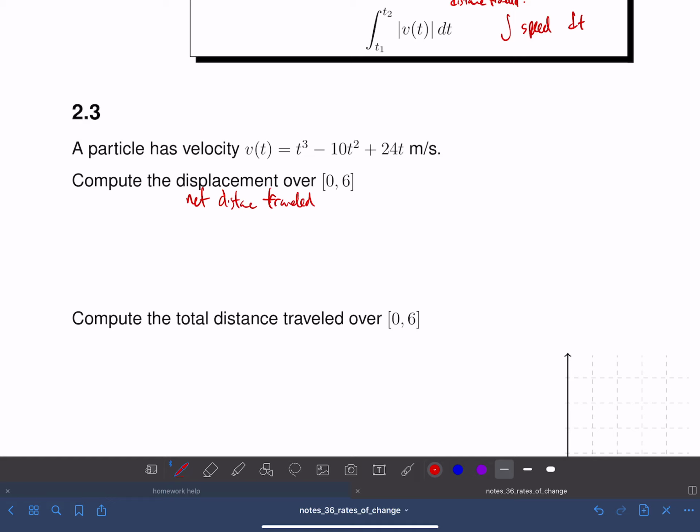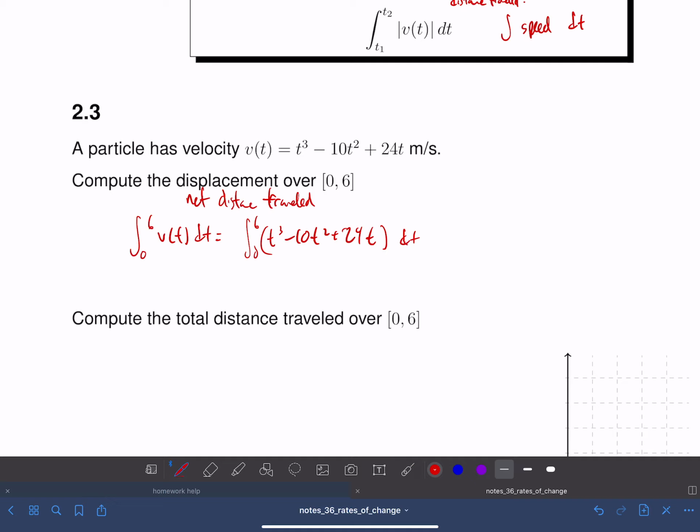This is equal to the integral from 0 to 6 of v of t dt, which is the integral from 0 to 6 of t cubed minus 10t squared plus 24t dt. Hopefully you're starting to see why I need dt against all of these things, because this entire thing has a unit, and dimensionally speaking, I need the times time in order for things to work out.